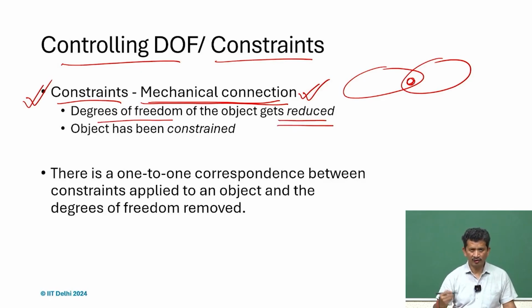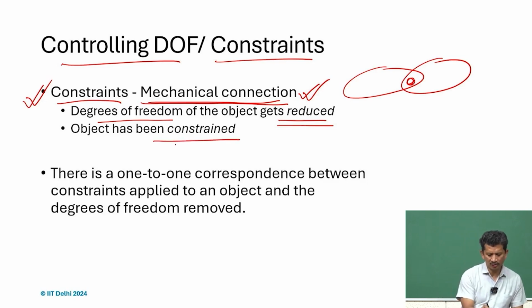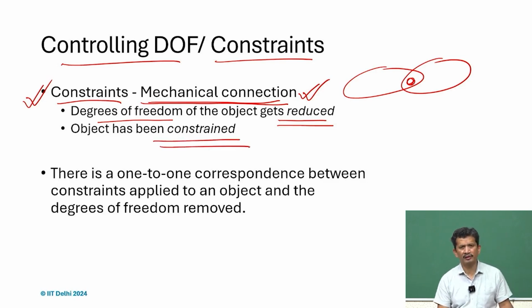Whenever there is a connection, highly likely there will be a reduction in the degrees of freedom of the motion, and we call that the object has been constrained. The motion is restricted, it is a constraint. These are the terms we will be using very frequently, and we should always have an idea what we are talking about.